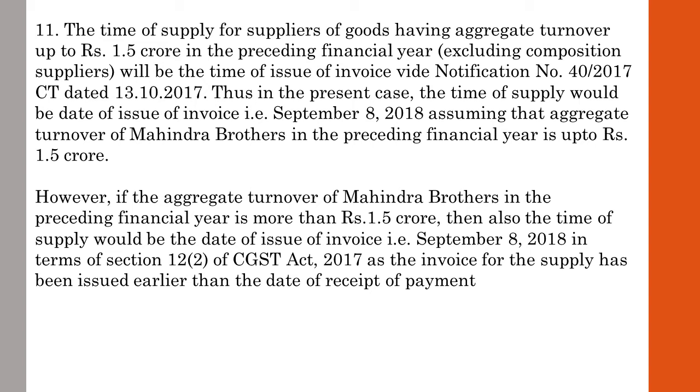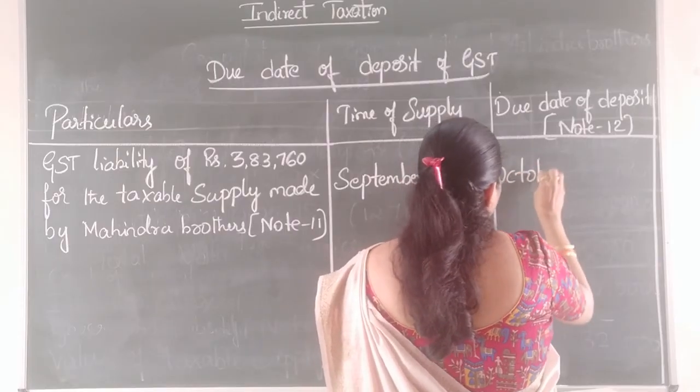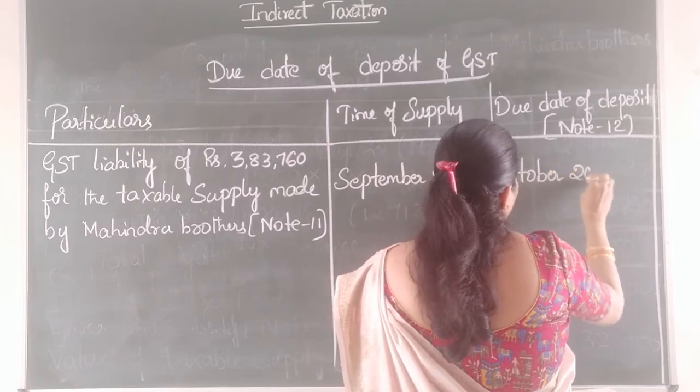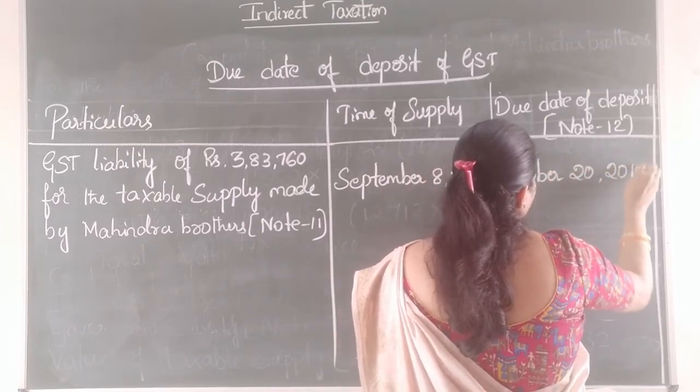Whatever may be the date, if the time of supply is in the September month, the due date of payment is the succeeding month, October 20th, according to note 12, that is October 20, 2019.